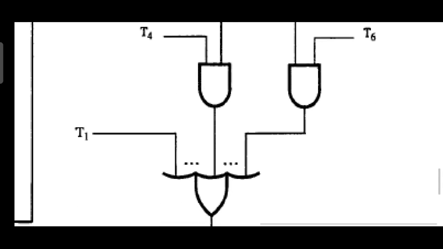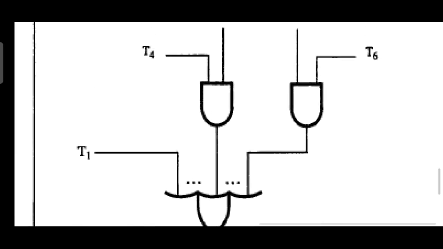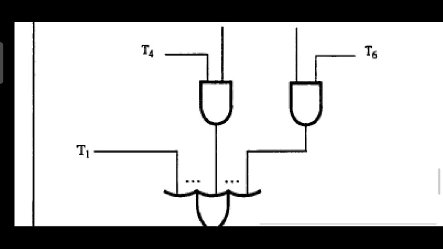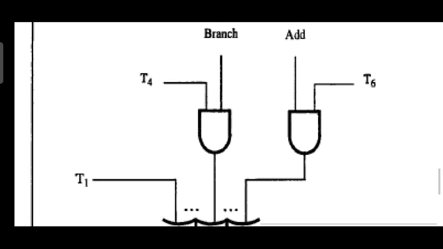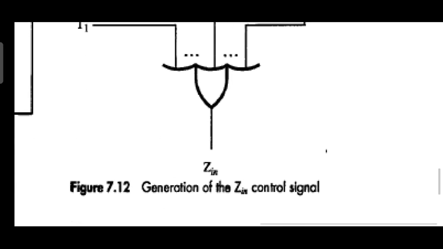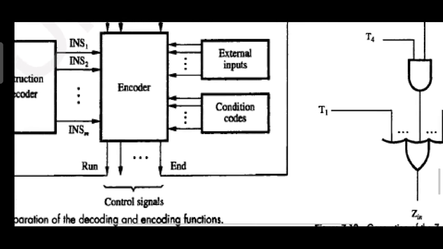The outcomes of these two AND gates are provided as inputs for the OR gate. So the first is T1, the second operand is the compound result of T4 and branch, and the third operand is the result of add with T6. In that way, Z in will be produced. As I told you earlier, a control signal is nothing but a combination of logic gates. Using a set of gates will generate the control signal. That is about hardwired control.